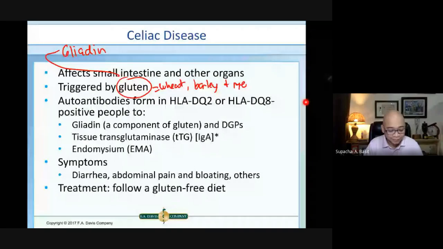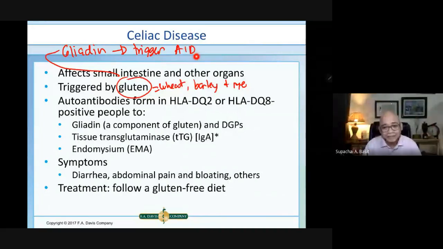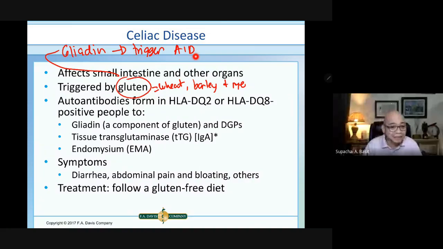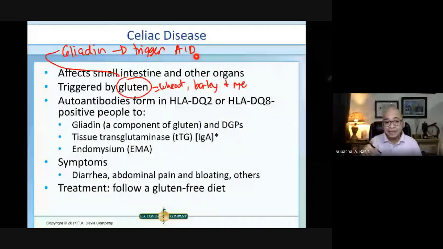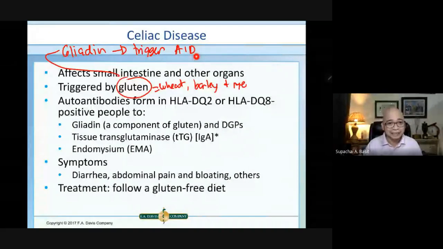So once this gliadin is undigested, it can trigger an autoimmune response if it passes through the epithelial barrier of the intestine. Meaning to say, if gliadin goes out of the intestine, then it will trigger an autoimmune response.